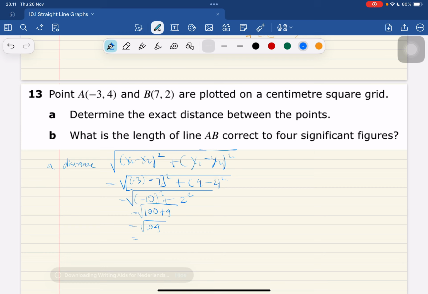We could simplify it: 104 is 4 times 26. The square root of 4 is 2, so it is 2 square root of 26 centimeters. Now, what is the length of line AB correct to 4 significant figures?